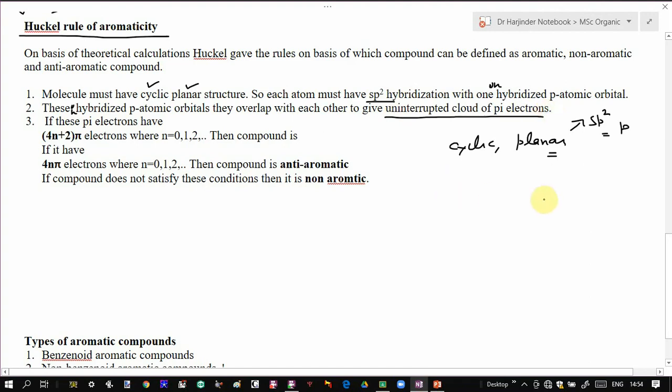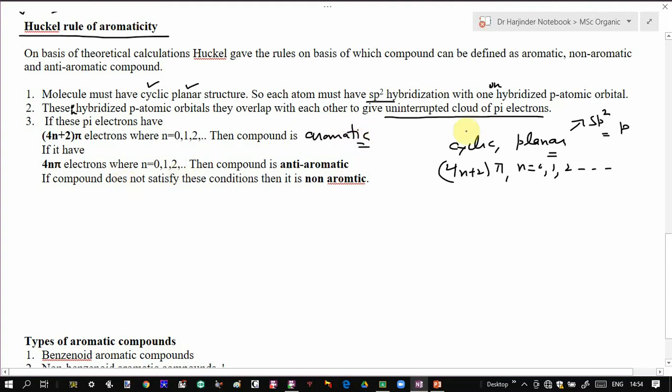And if this uninterrupted cloud of pi electrons consists of 4n plus 2 pi electrons, where n may be 0, 1, 2, 3 and so on, in that case the compound will be called aromatic.